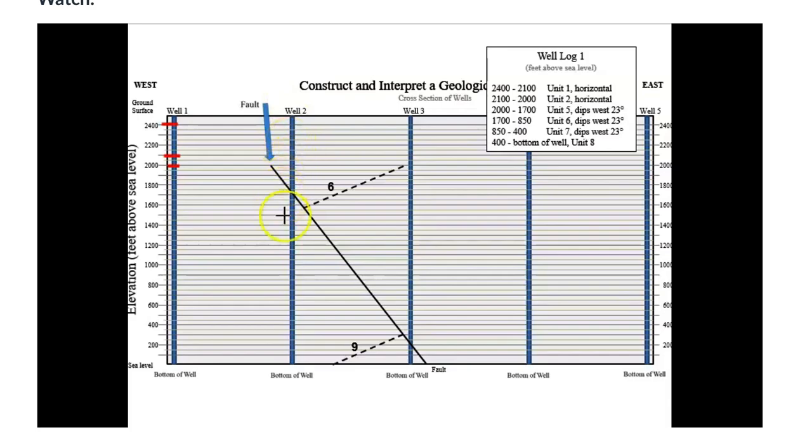And the objective is to generate a geologic cross-section of this area. You will then utilize the geologic cross-section that you have designed to answer a series of questions for your final project, one of which is to relatively date the sequence of events in this cross-section and tell the story of the geologic history.